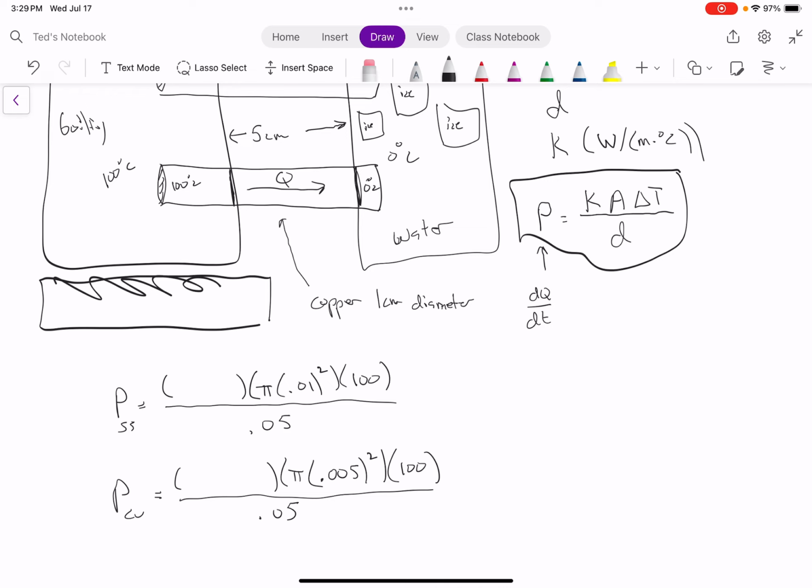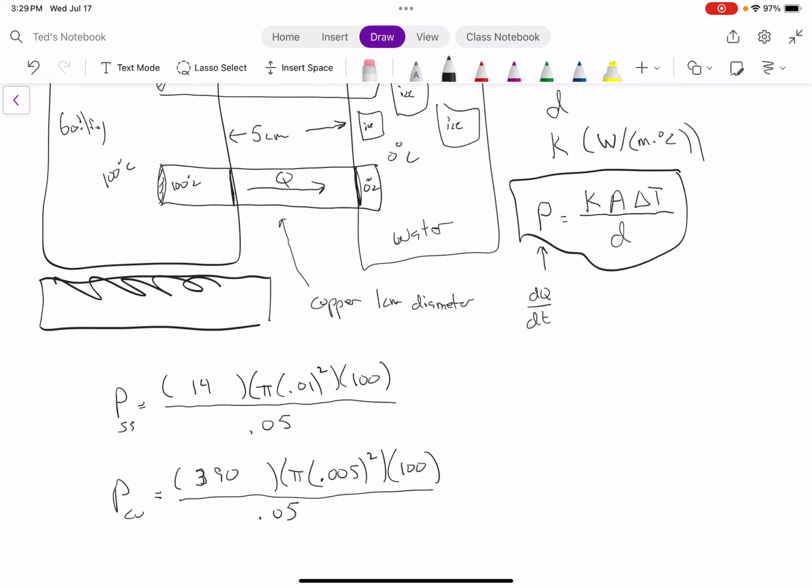And now we just need to look up the thermal conductivities. So I go to the textbook, and for stainless steel, the thermal conductivity is 14 watts per meter degree Celsius. And apparently that's a relatively large number because we know that metals are good conductors. So then we look up copper, and we find out that it's 390.